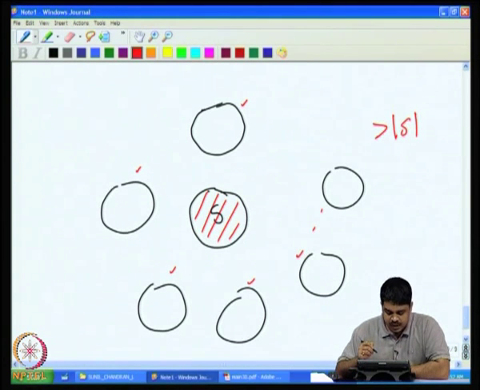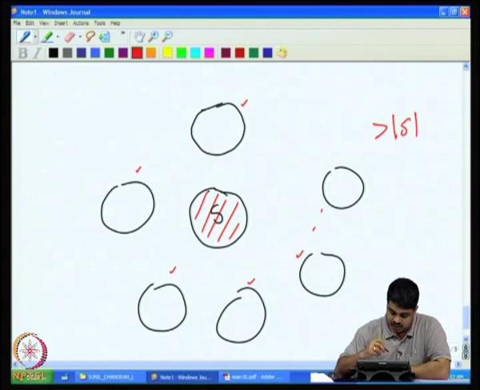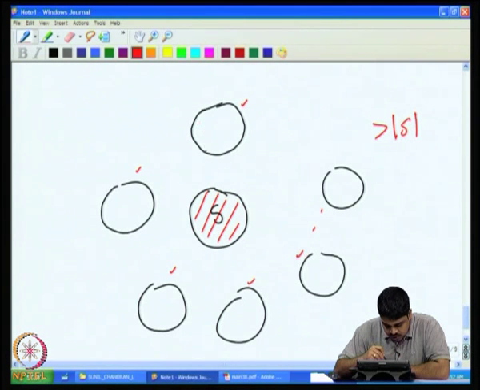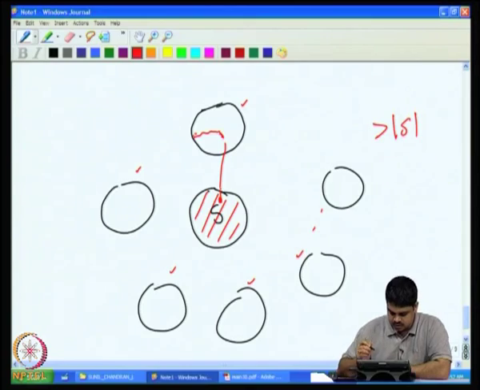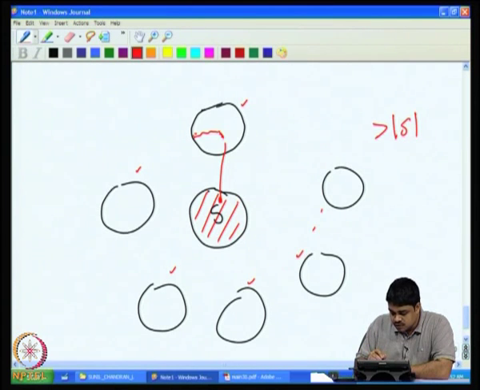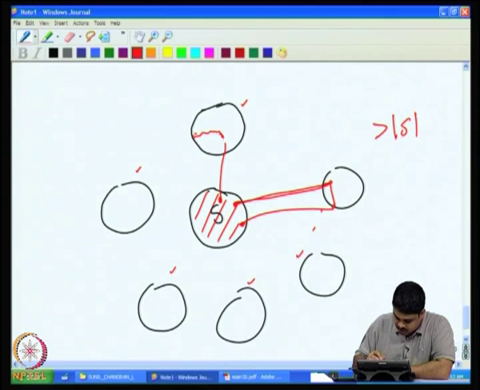If there is a Hamiltonian cycle, we should have a portion of the Hamiltonian cycle here. Whenever the Hamiltonian cycle goes out of this, it should enter here, right. Similarly, for each of these, through one vertex it should go in, and then through one vertex it should come out. Maybe the same vertex can be used to go out of this.